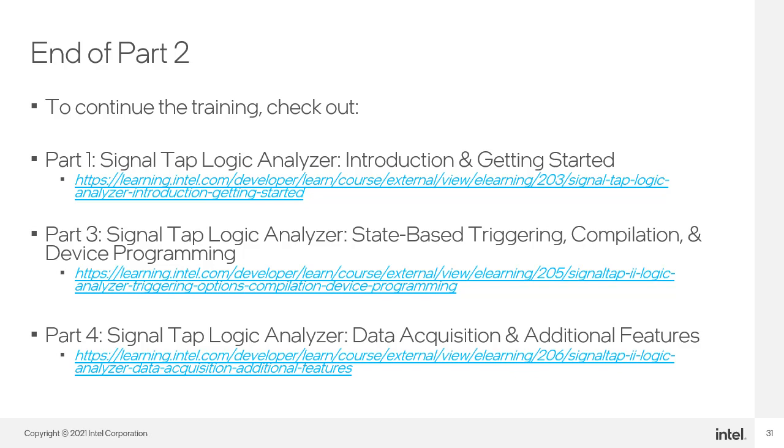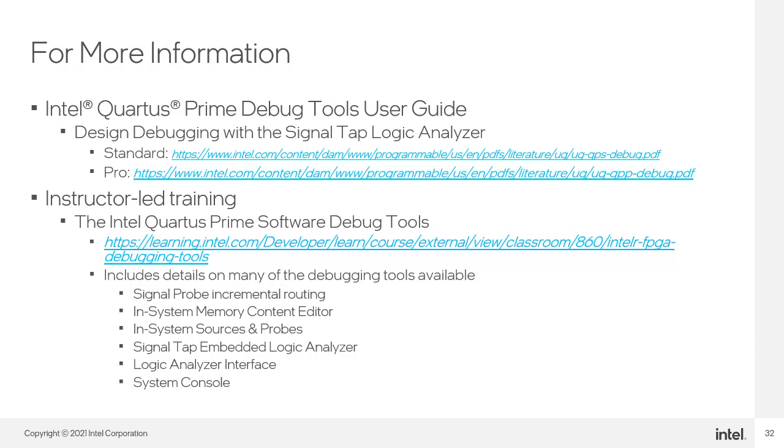To learn about additional resources available to help you with using the Signal Tap Embedded Logic Analyzer, continue to the next slide. For more information about the Signal Tap Embedded Logic Analyzer, be sure to read the Signal Tap chapter in the Intel Quartus Prime Software Debug Tools User Guide. Both the Standard and Pro Edition versions of the guide are linked here.